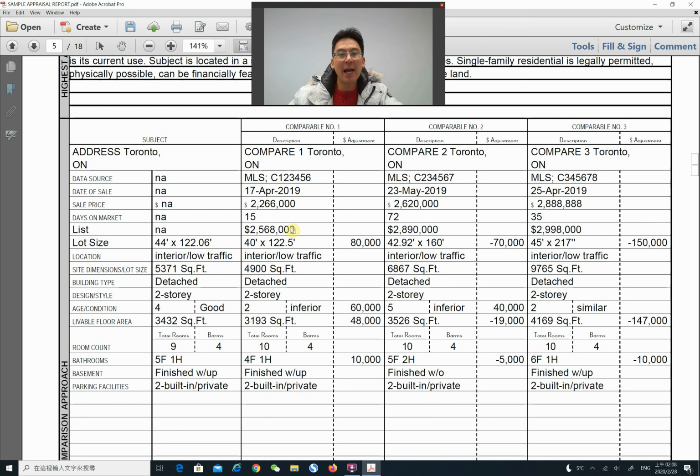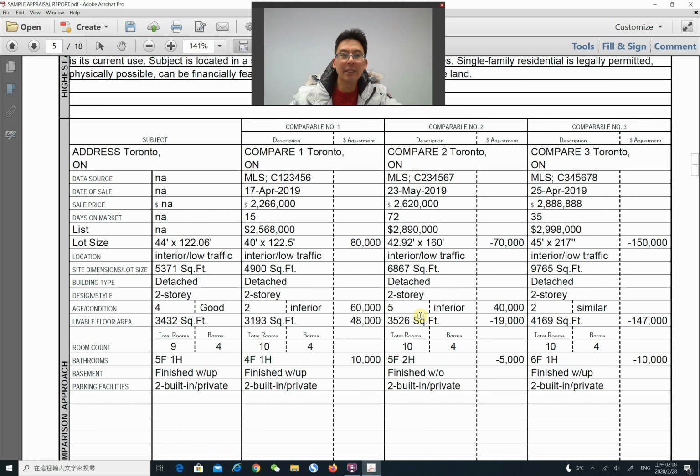So you go back and tell the appraiser or the appraisal company, hey, I think this value is a little bit low. And the reasoning behind that is, I think maybe with your comparable two, although the lot is bigger, I don't think it is a $70,000 difference, right?